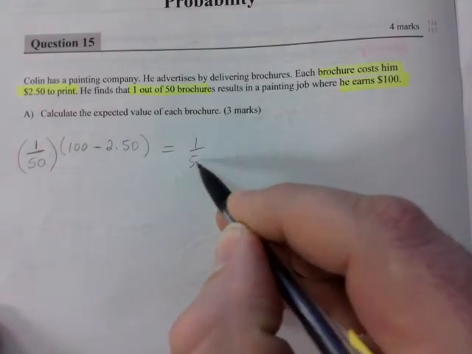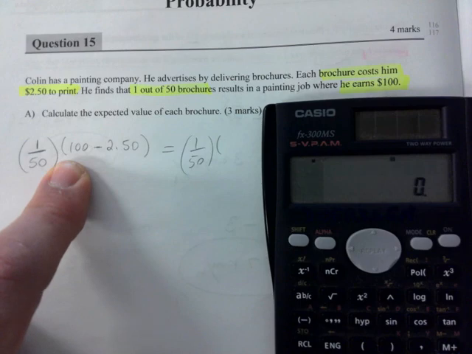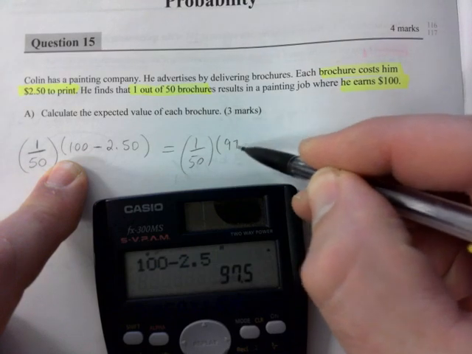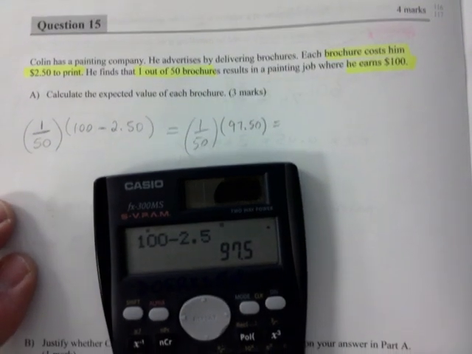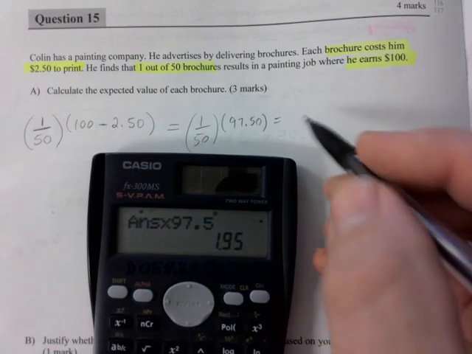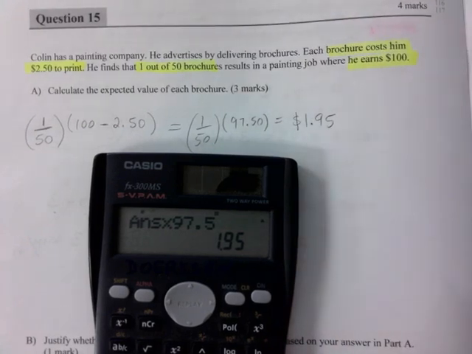That would be 1 over 50 times 97.5. So you take 1 divided by 50, and you multiply by 97.5. So that's 1.95 right there.